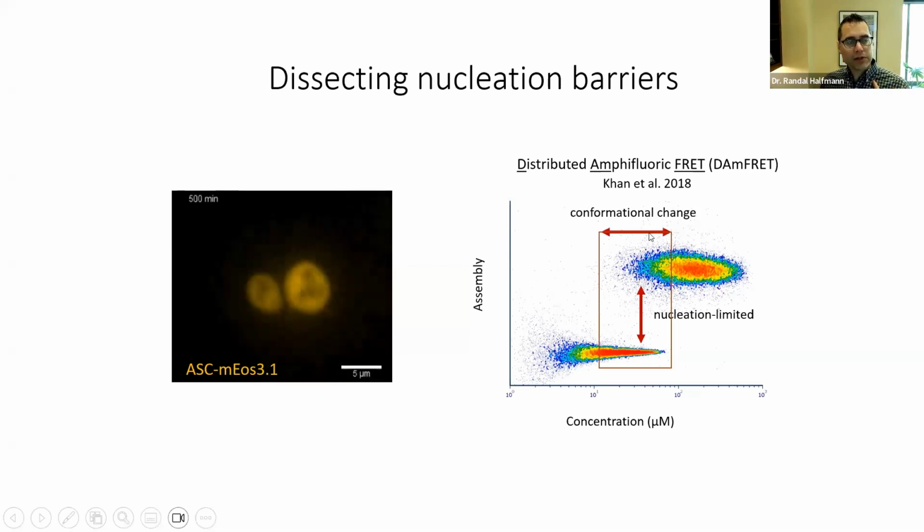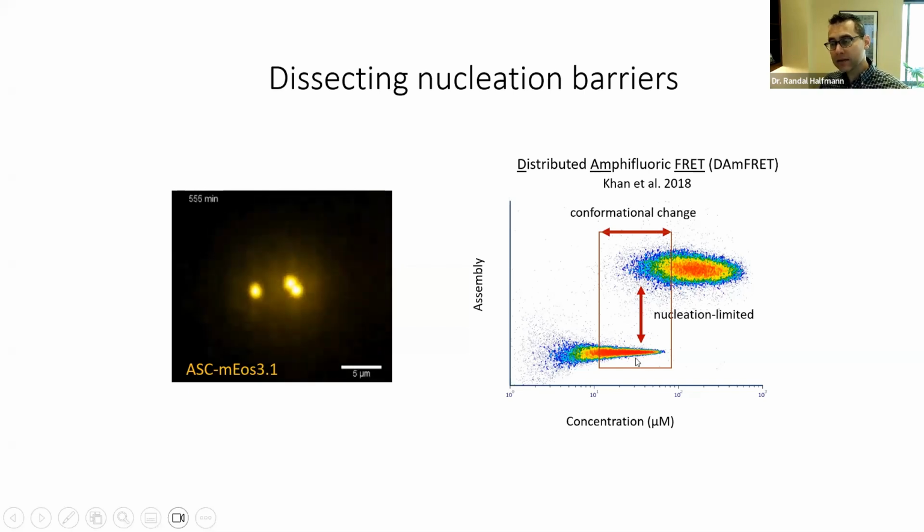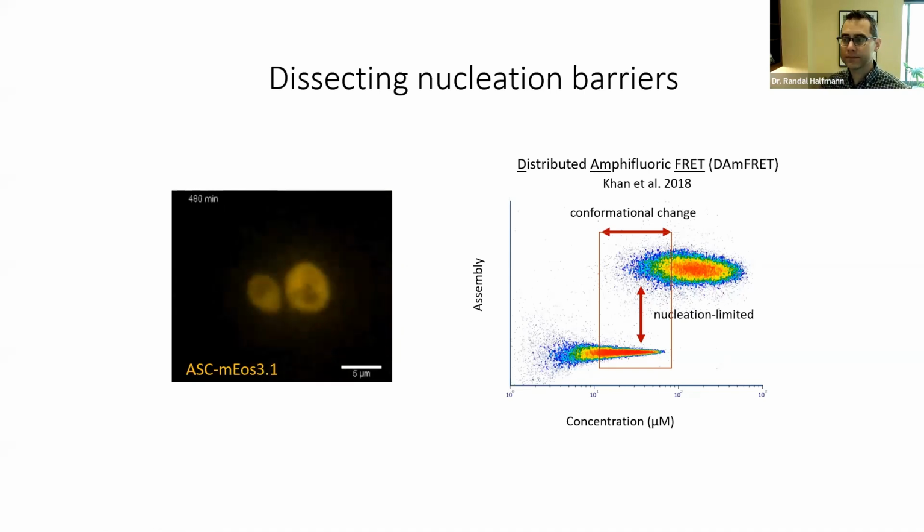And you can also appreciate that there's some overlap between these two populations, and that's important. So what that tells us is that that nucleation event, or that phase transition, is not limited, in this case, purely by the concentration of the protein. Instead, there's some kinetic barrier resulting from intramolecular conformational changes that are rate limiting, right?